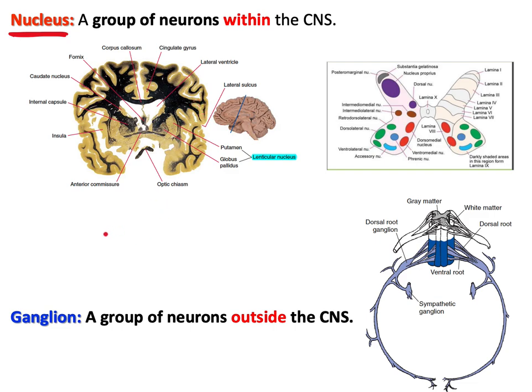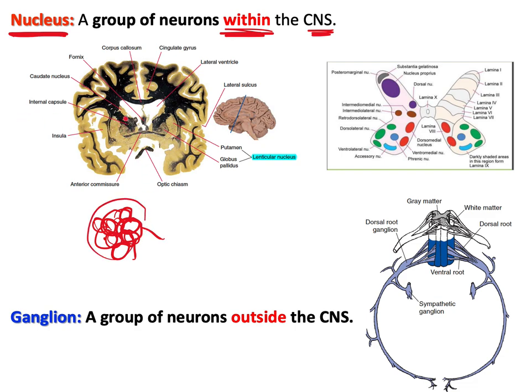When the cell bodies of neurons aggregate or are grouped inside the central nervous system, we call them a nucleus. That means this is a cell body of neurons, so they are aggregated like this. They form a nucleus.